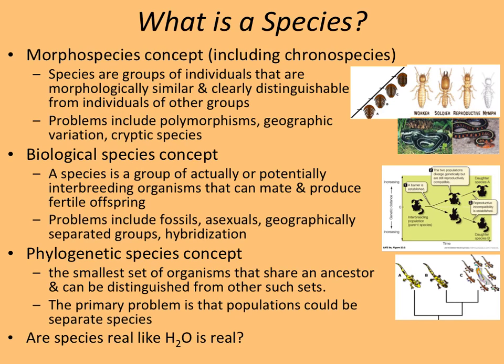Some organisms reproduce asexually. And you can also end up with hybrids, either fertile or not fertile, but especially when they're fertile, those hybrids might have lower fitness, but not necessarily. And so it kind of breaks down with hybrids.